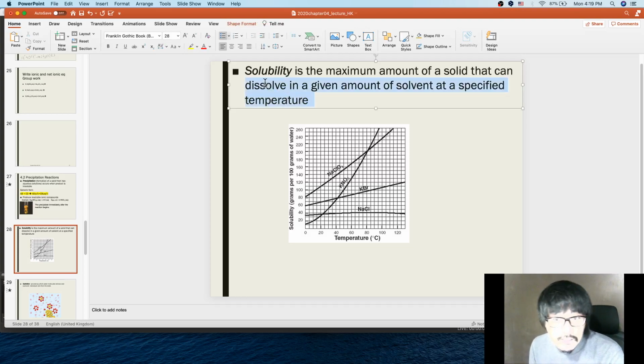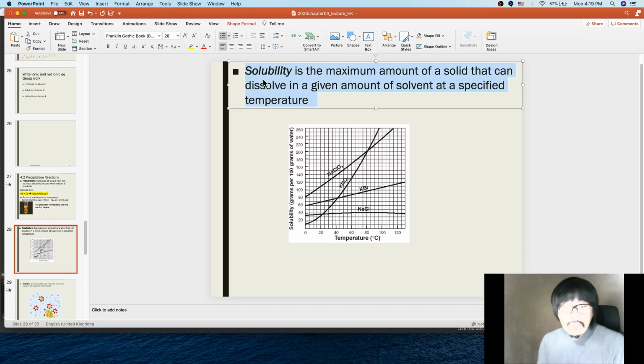The only thing that's important at this moment is that solubility depends on the temperature. So if the temperature of the solution changes, or the solvent changes, then the amount of solute that can be dissolved is going to change.